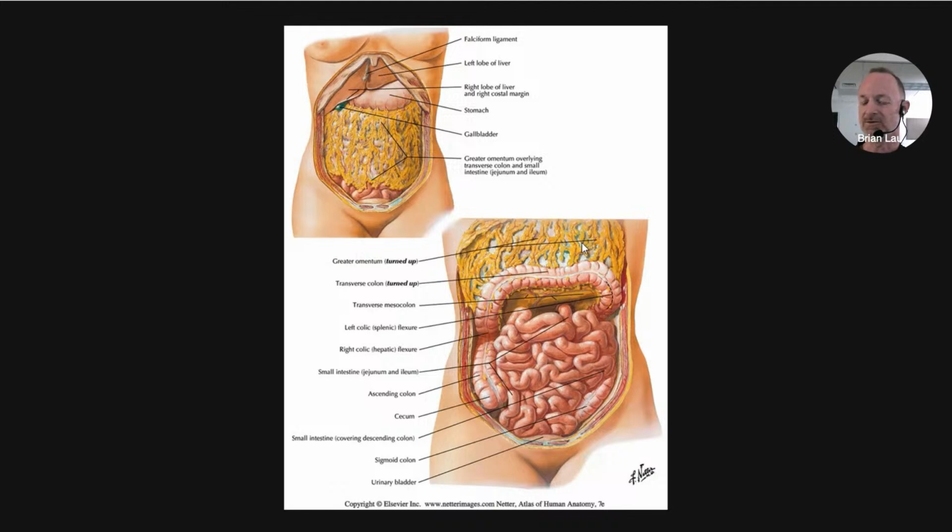And if everything's moving well on that person before they passed, then you can easily lift the undersurface of this greater omentum, lift it up. And what you see underneath it is the transverse colon. So it's very tied into, connected to that greater omentum. It's connected to the stomach, and it's connected to the transverse colon.